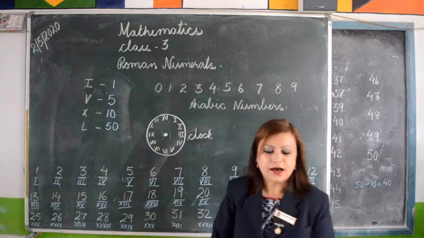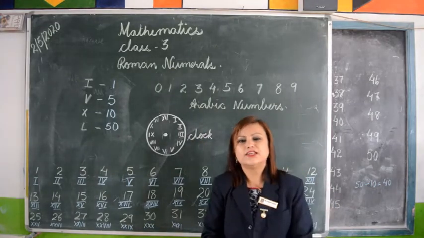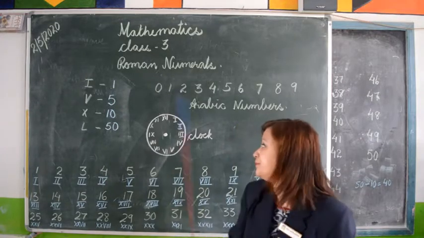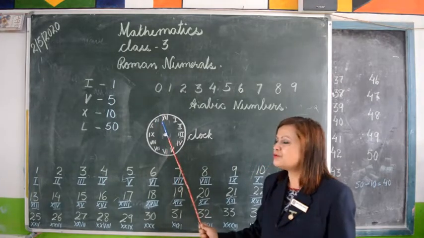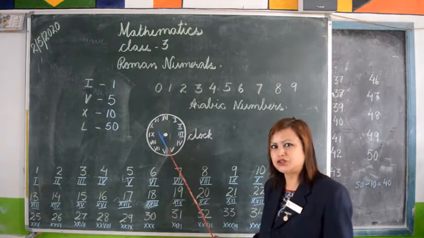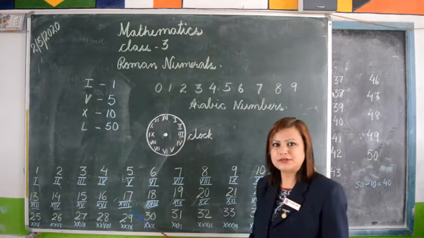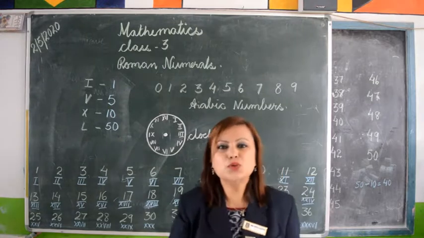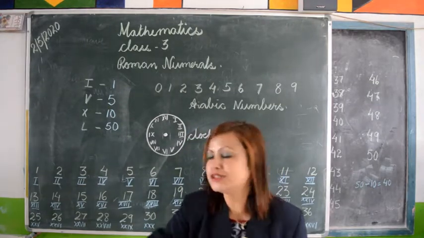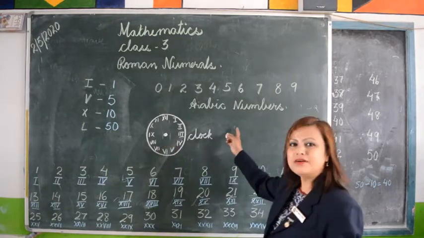Now children, most of the clocks and watches that you have, not the digital ones, the analog ones, you can see Roman numerals on them, isn't it? And in our school also, from classes 1 to 12, we use Roman numerals to represent our class.